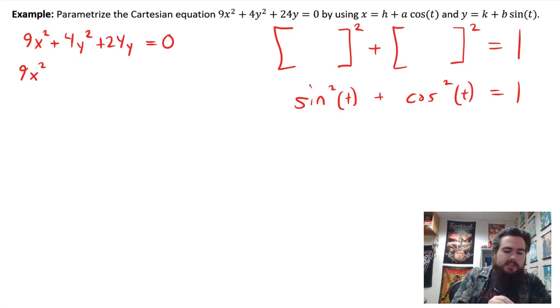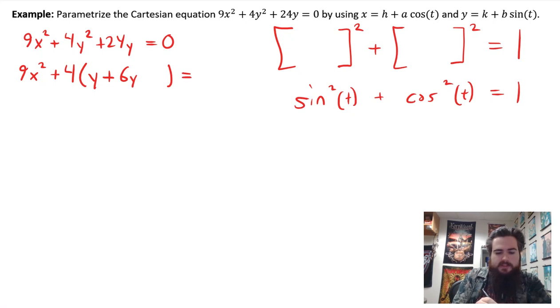Now, I do see that these two terms do have a constant in common. I should be able to factor out a value of 4 out of both of these values. And I can write this instead as 4 times y squared plus 6y, equals 0. And you'll note that I left a space there.